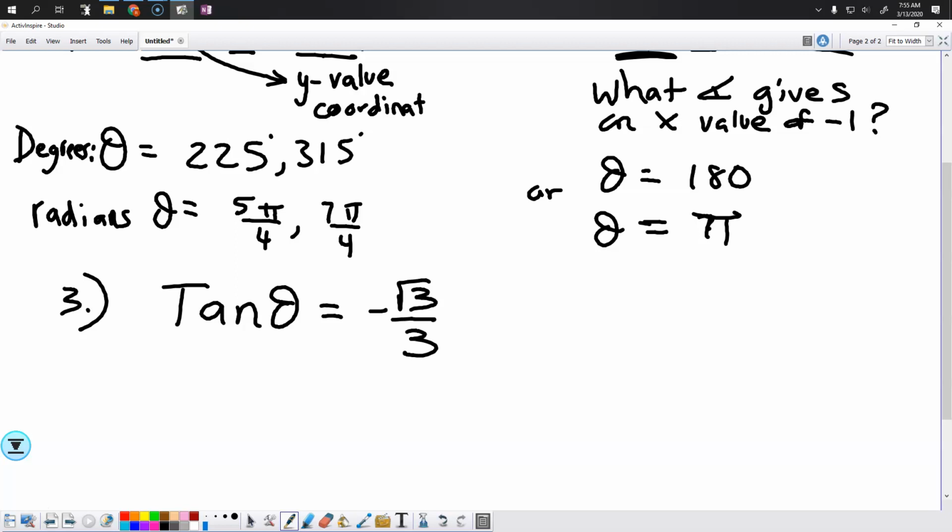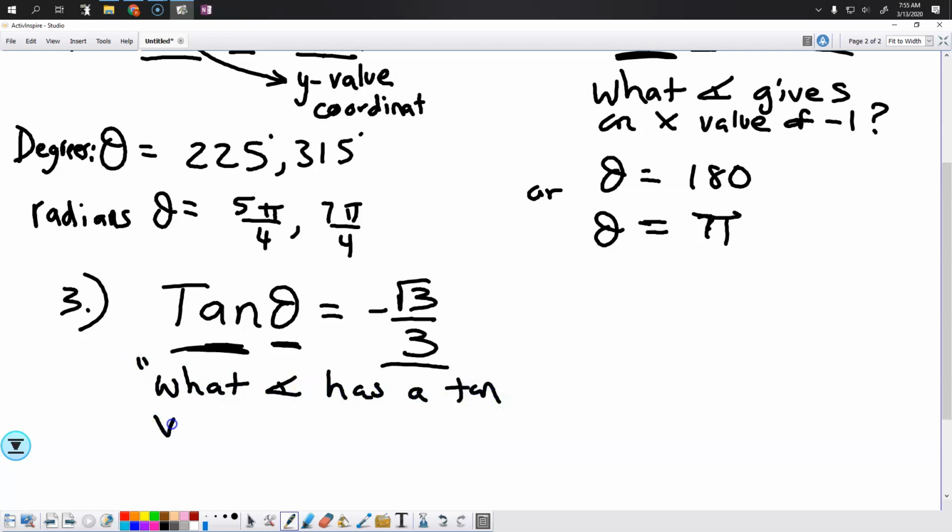Tangent is a fraction of x and y, right? But the good news is we have a tangent circle, okay? So how I would translate this is what angle has a tangent value of that? And you guys can look at your tangent unit circle to answer that.